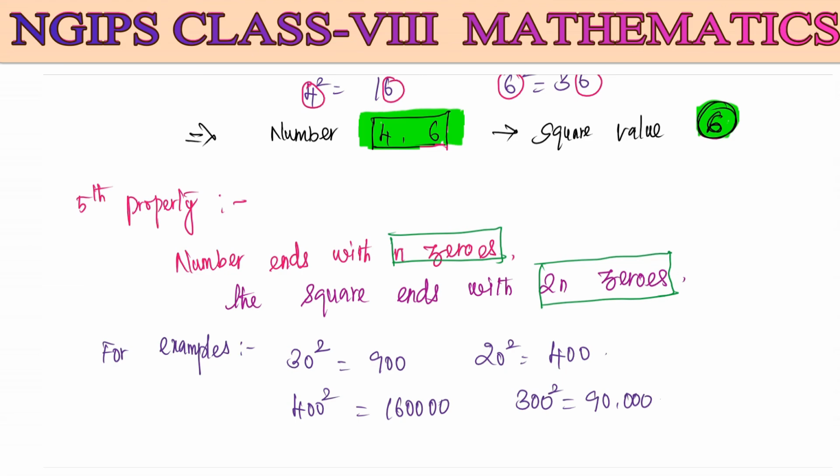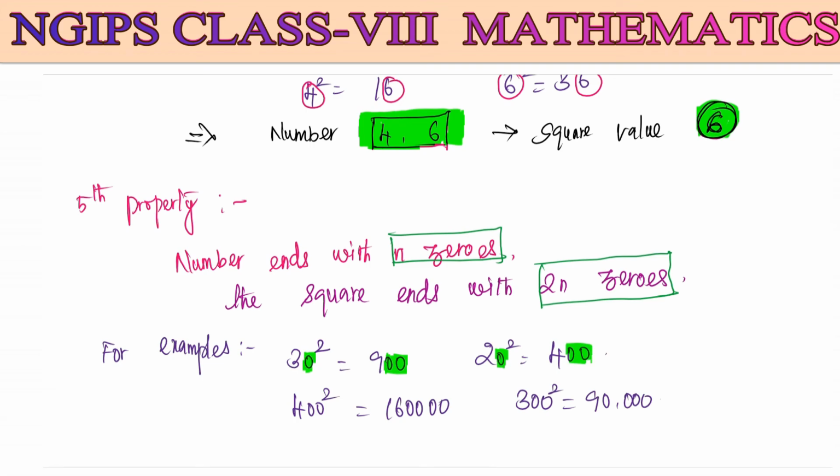Here we can easily find the pattern. When you have only one zero, we have 2 zeros in the square.